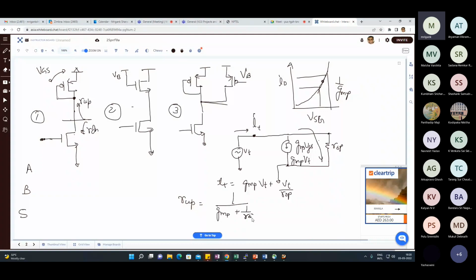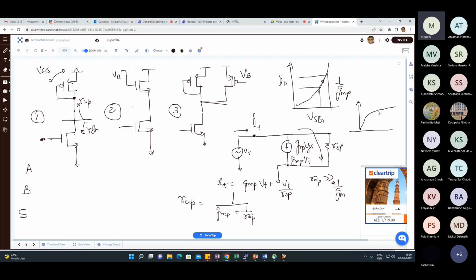Now in general we can say that ROP is going to be much higher. Again, this is an assumption which sometimes may not be true if your GM is very small, bias current is very small, or your device size is very small. But in general, if we assume that this approximation is valid, ROP is much greater than 1 upon GM, because for a given MOSFET this slope is much higher as compared to the ID-VDS slope.